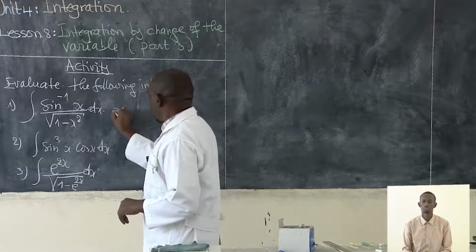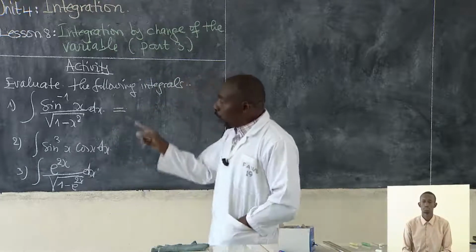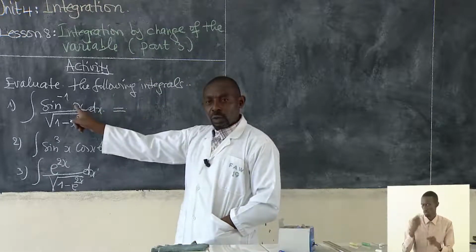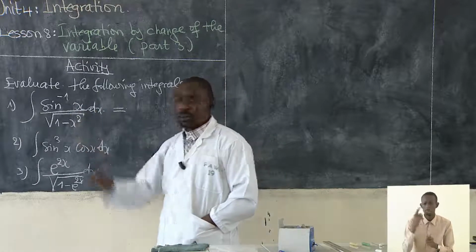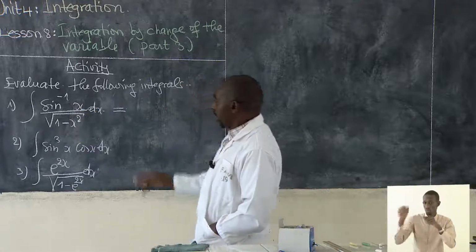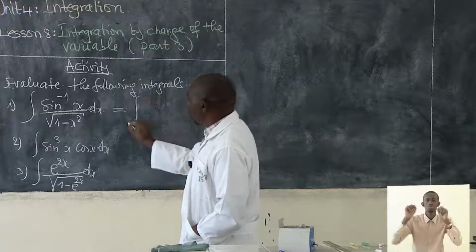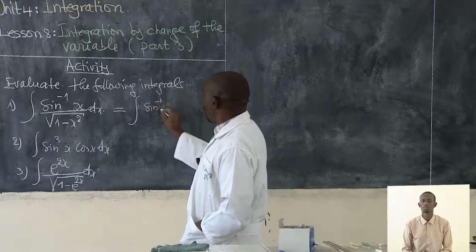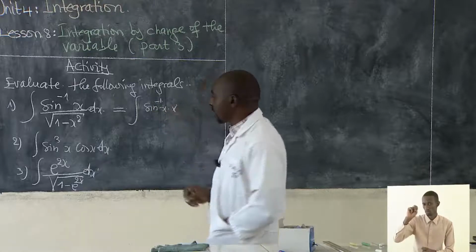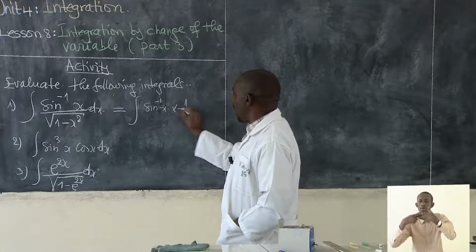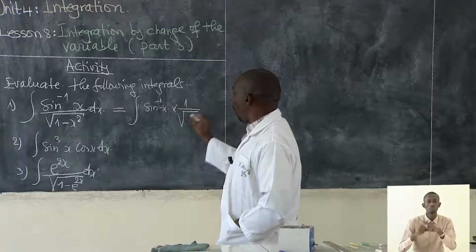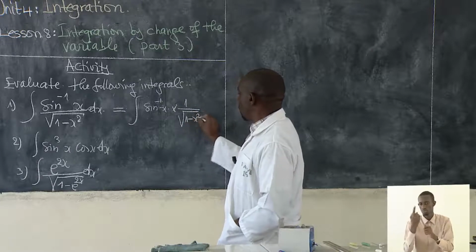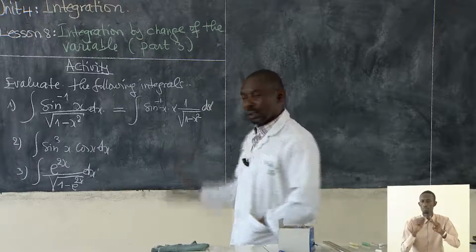So for this, if you observe this integral, at least the numerator and denominator, you can write this integral as the integral of sine inverse of x times 1 divided by square root of 1 minus x squared dx.